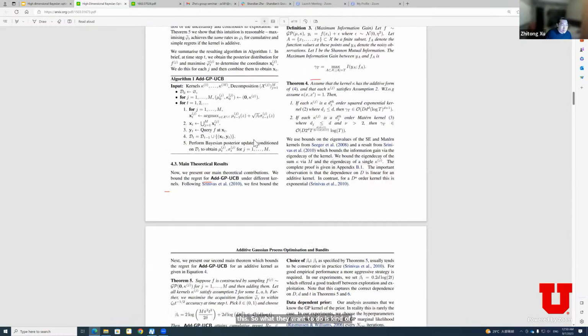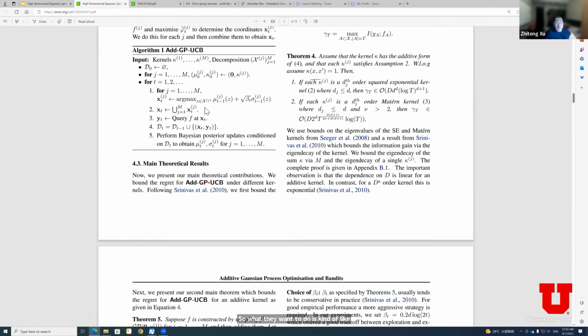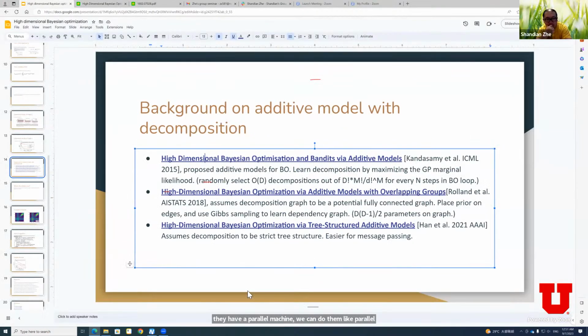From the first paper, they want to maximize the groups separately, because if they are not overlapping, we can maximize each group separately. So if they have a parallel machine, we can do them in parallel. Yeah, so I think they are building on this idea.